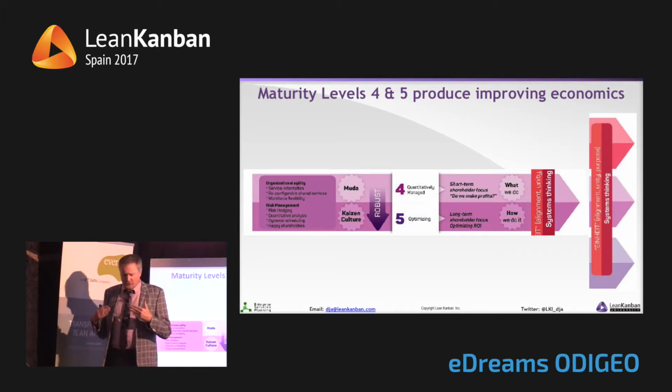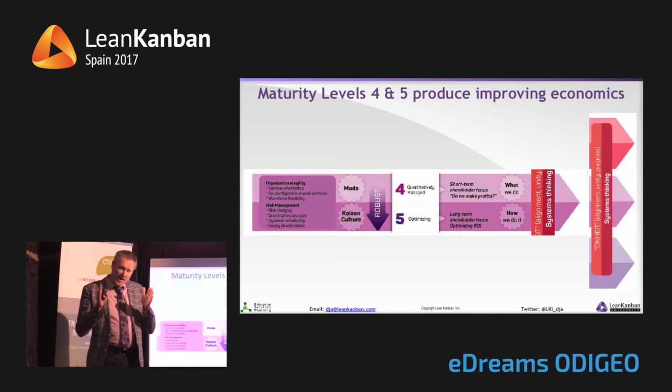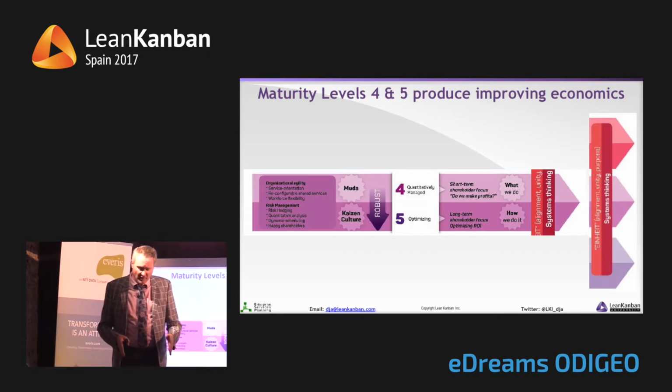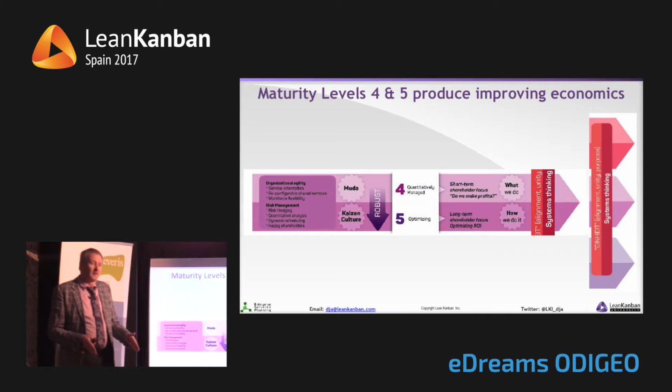So level 2, happy workers. Level 3, happy workers and happy customers. Level 4, happy workers, happy customers, happy shareholders, or if it's a public sector organization, happy voters. Happy taxpayers.